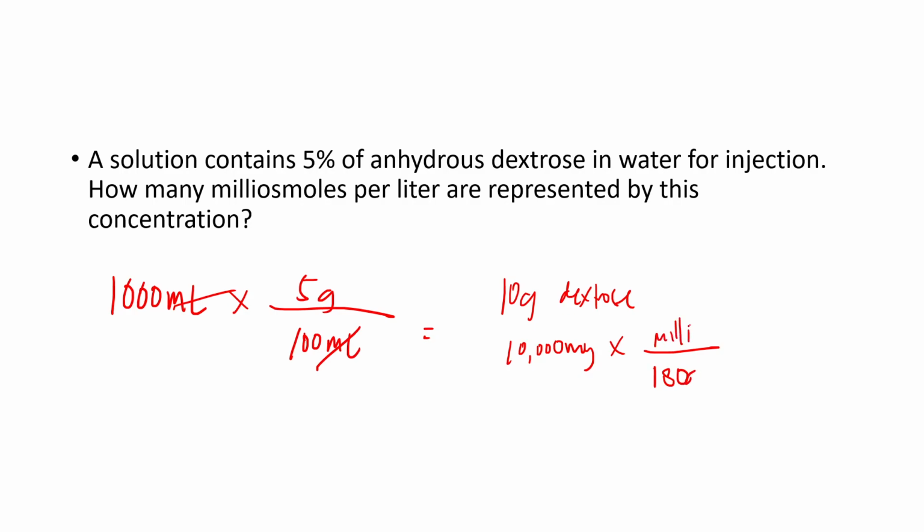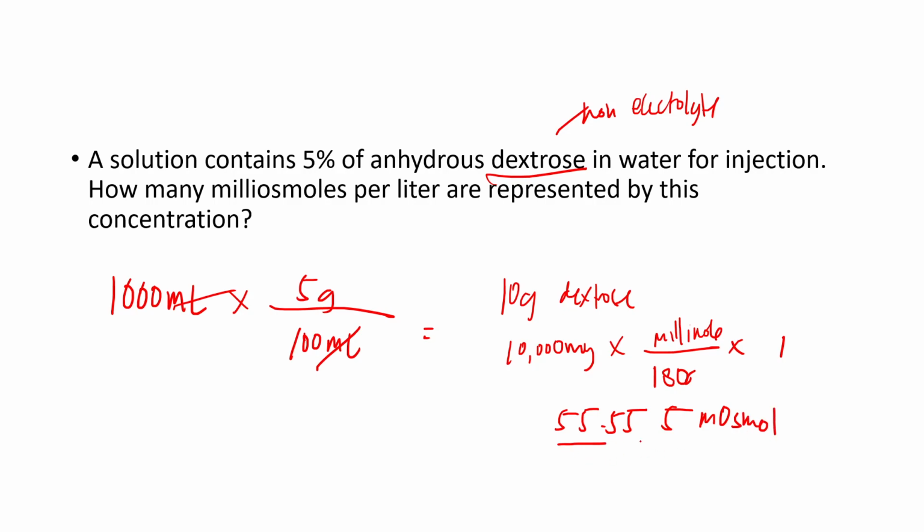The species number is 1 because dextrose is a non-electrolyte. So 10,000 divided by 180 is 55.555 milliosmol per liter. 1000 times 5 divided by 100.